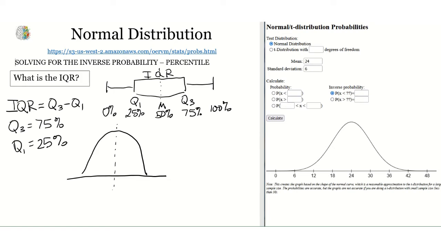My mean is my middle number, and I'm looking for my Q1 and my Q3. My Q1 is going to be at 25%, and my Q3 is going to be at 75%. I'm looking for this middle value, which is going to be my IQR, or my middle 50%.